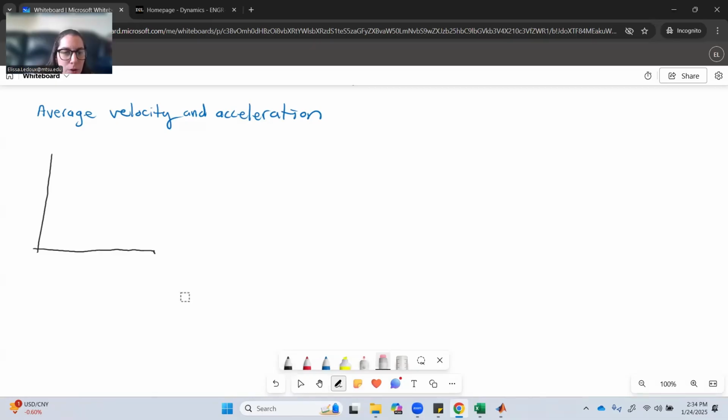So we have time on the horizontal axis. And let's say we have position on the vertical axis. And then maybe this blue line is going to be our position.